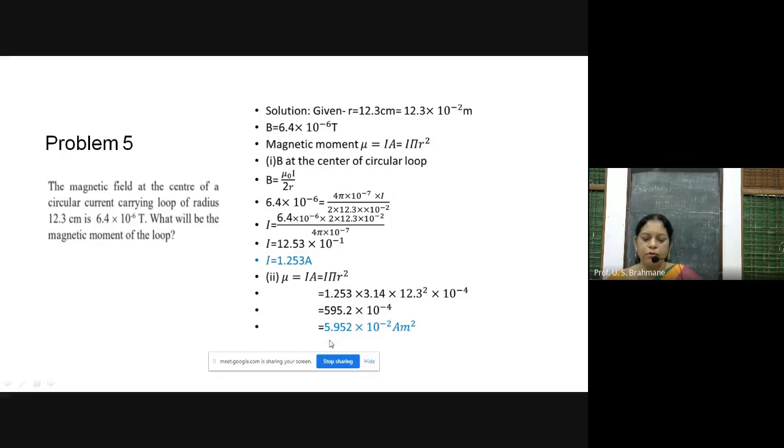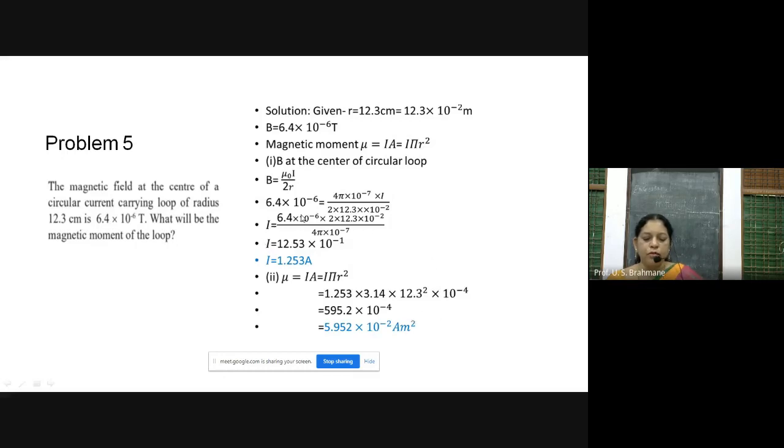If you just rearrange the terms in the standard form, if you take the decimal at the first place, so 5.952 into 10 raised to minus 2 ampere meter square. So this is the answer, that is the mu, or you can say the magnetic moment. So remember that this is the way you have to solve the problems.